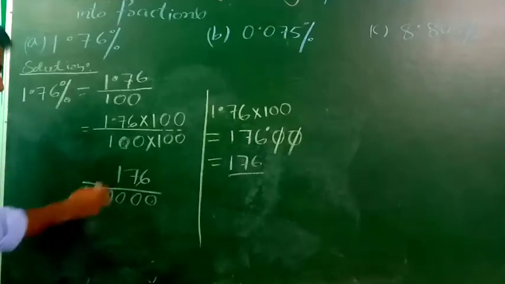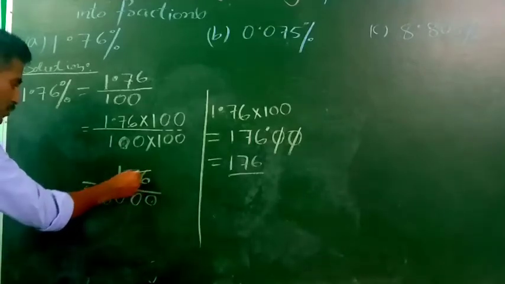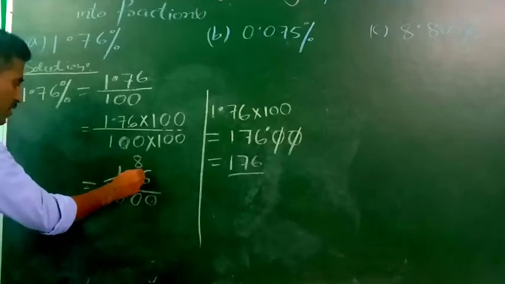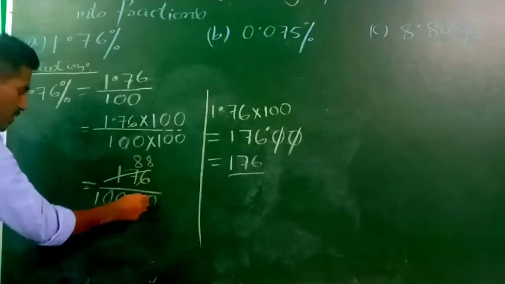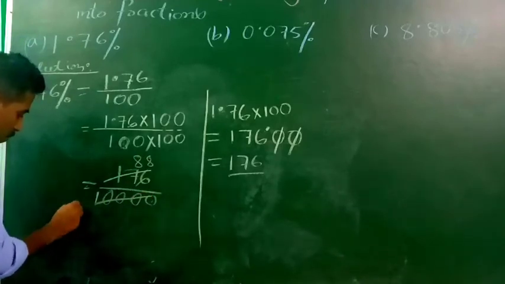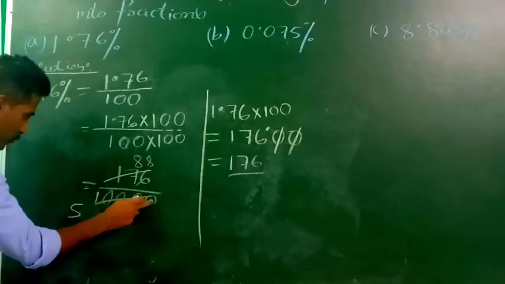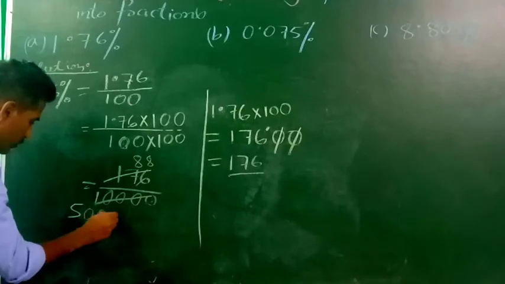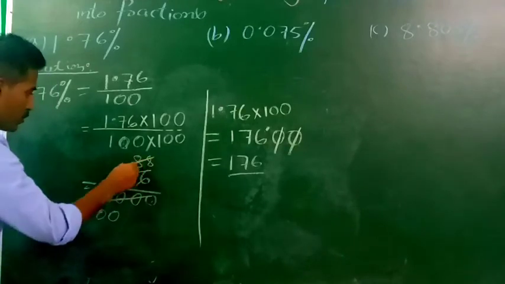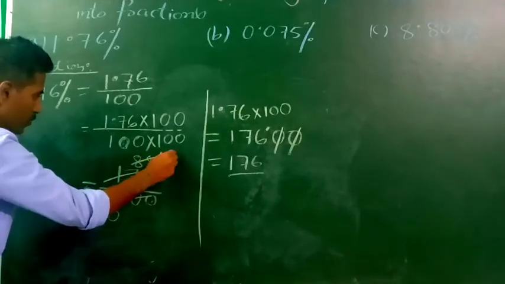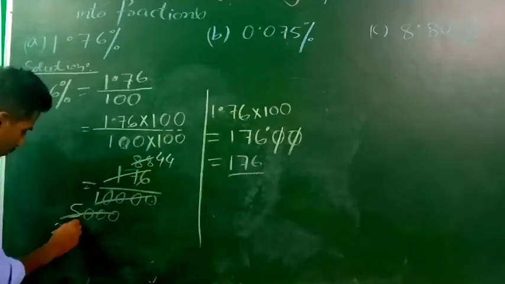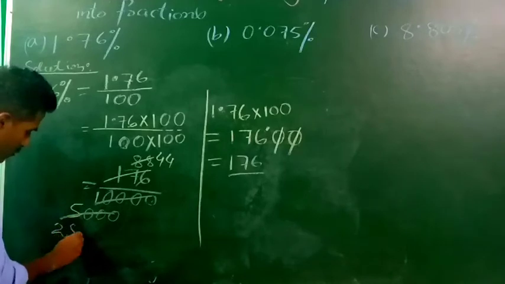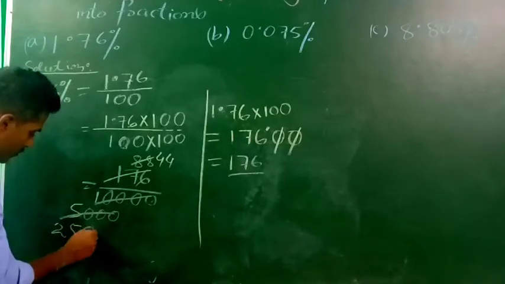And if you want to convert it to the lowest term, see, 2 times 8 is 16, carry over 1, 16. Again here, 2 times 5 is 10, and the zeros. Again 2 times 4 is 8. Again here, 2 times 2 is 4, remaining 1, 10, 2 times 5 is 10, and 2 zeros.